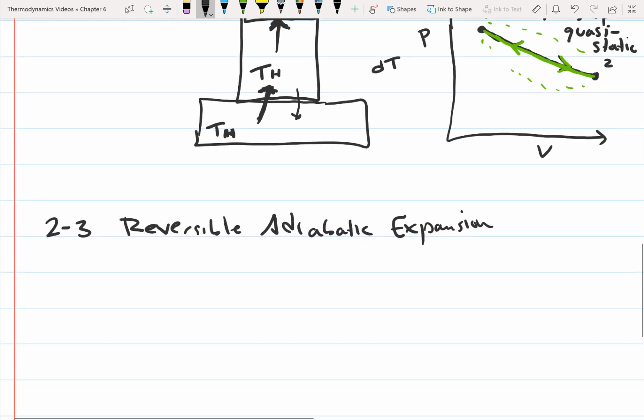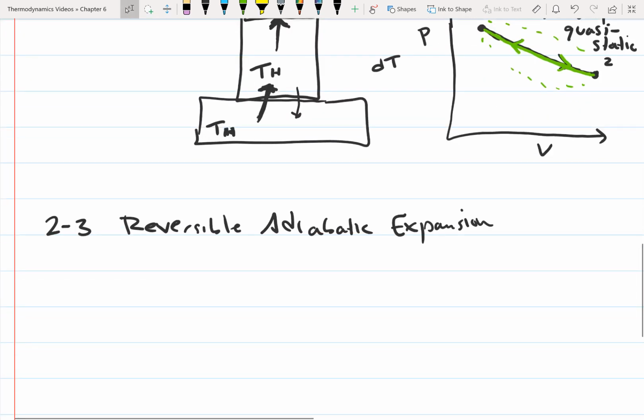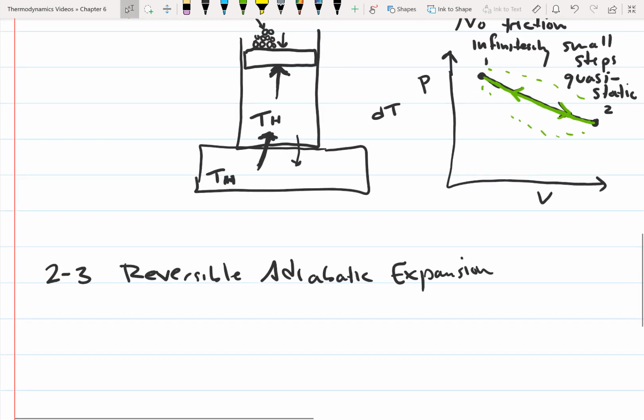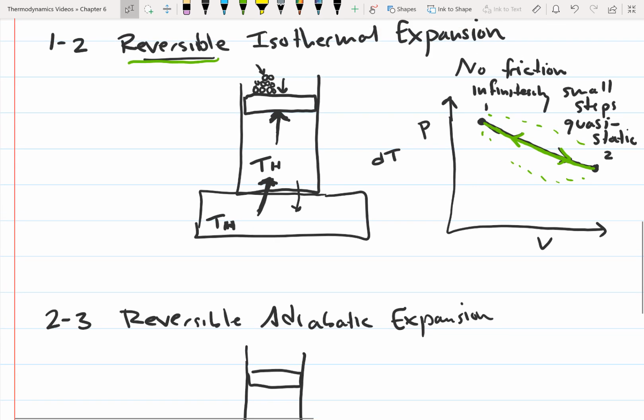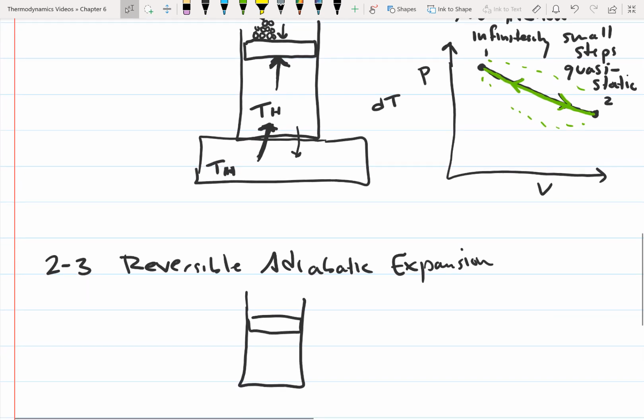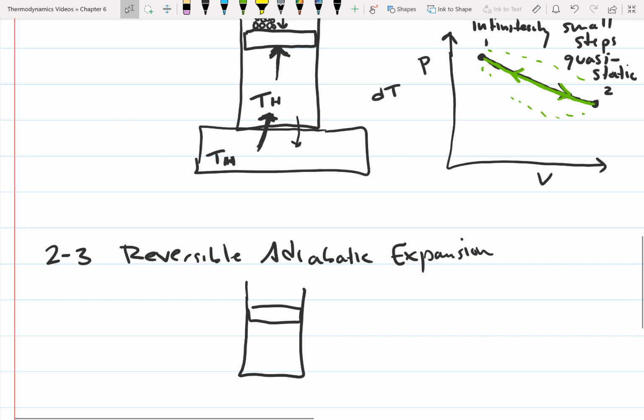Basically what's going on with this is, let's draw our piston cylinder again. In the first process from state 1 to state 2, we were expanding the gas with the reversible isothermal expansion. From state 2 to state 3, we're still expanding the gas, so this is going to be reversible.